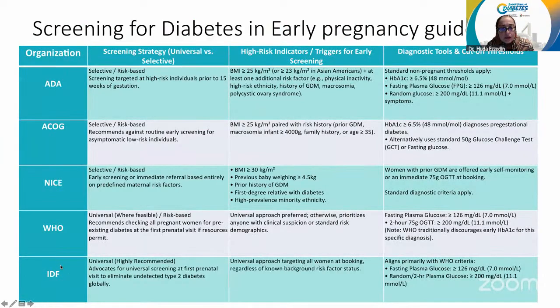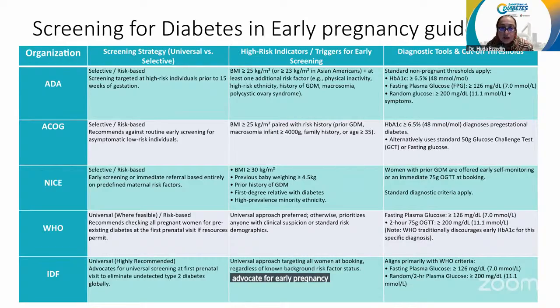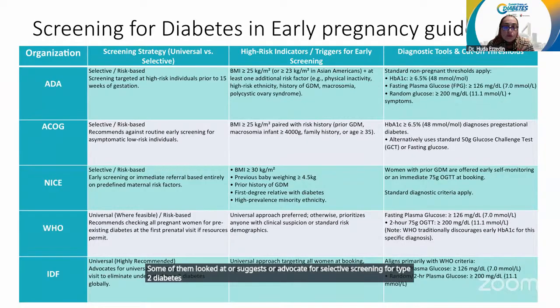In this table, I tried to summarize the differences between different organizations and the screening protocols for diabetes in early pregnancy. If we look at the ADA, the IDF or WHO, all of them actually advocate early pregnancy screening for diabetes. Some of them suggest selective screening for type 2 diabetes based on risk.